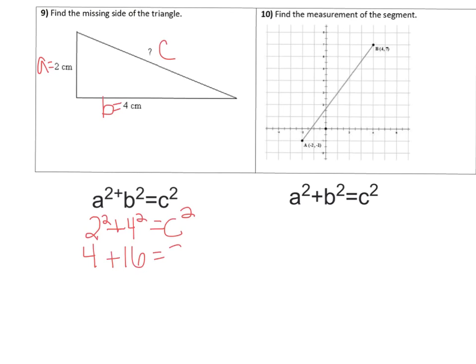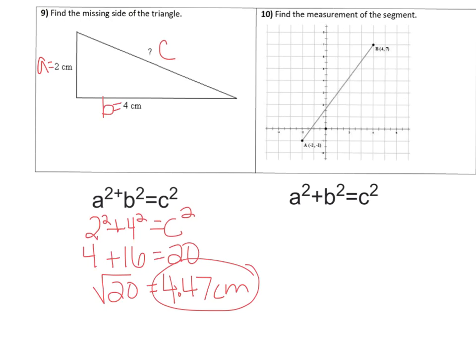Add them together and you get 20. Square root of 20 is approximately 4.47 centimeters. So that would be your answer.